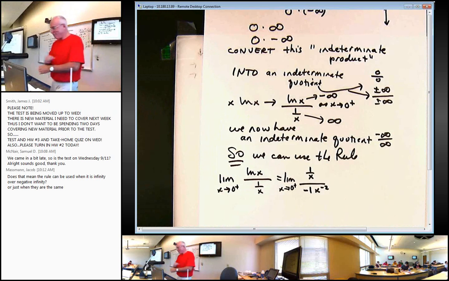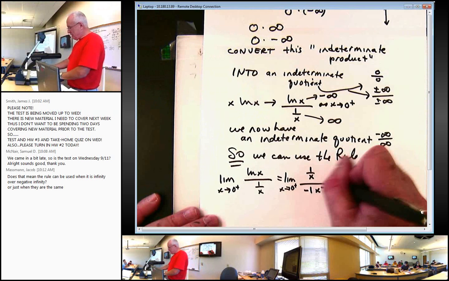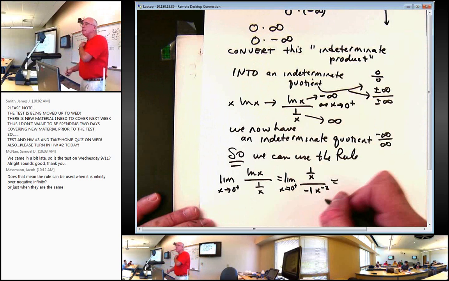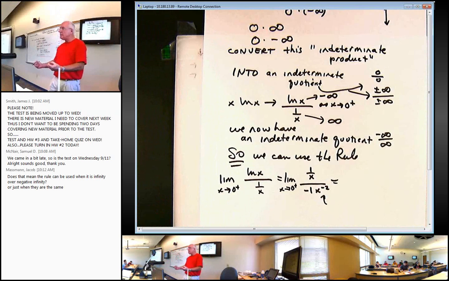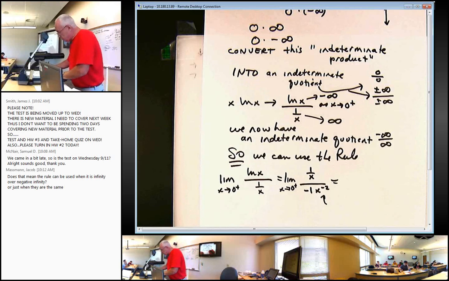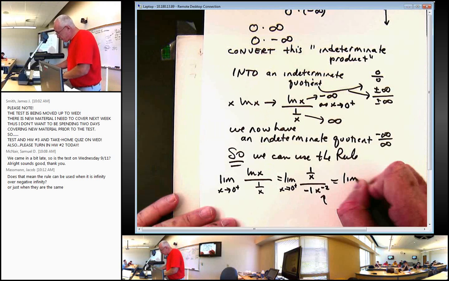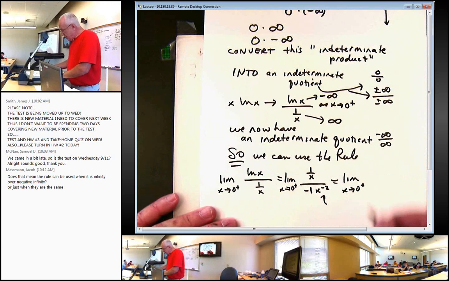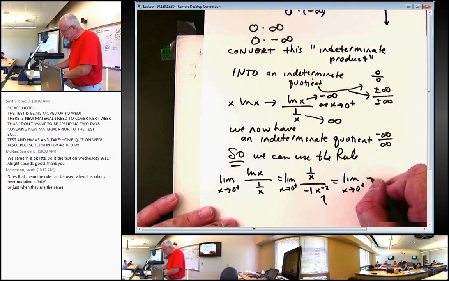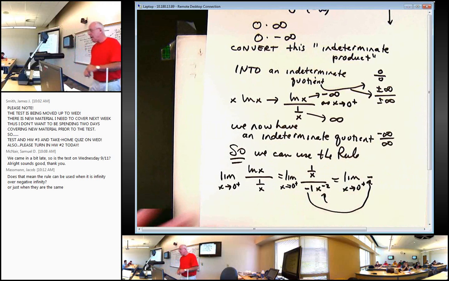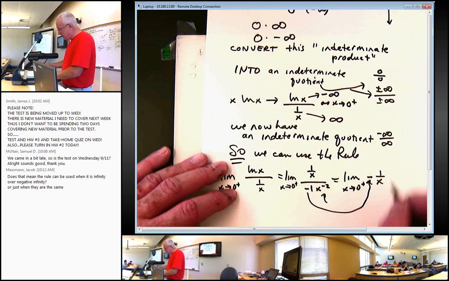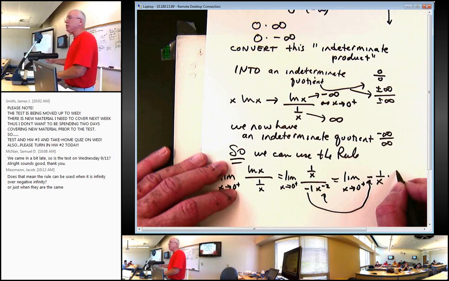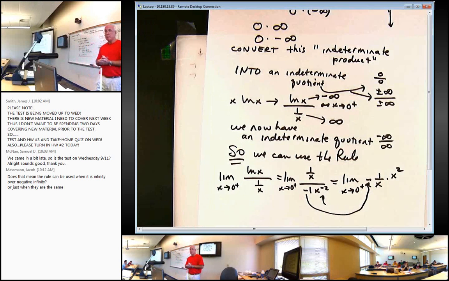We've got x to the minus 2 in the denominator. I can make that an x to the positive 2 if I put it in the numerator. So this is equal to the limit as x approaches 0 from the plus side. Here's the minus sign, I'll bring that up, and then it's going to be 1 over x times 1 over x times x to the positive 2 power.